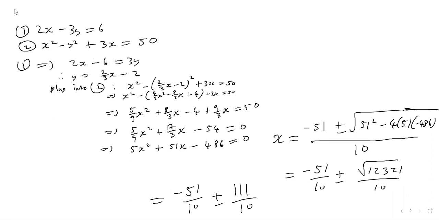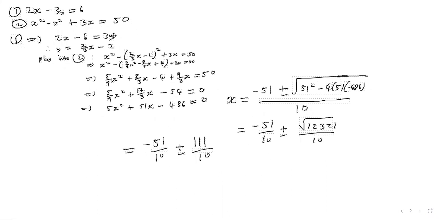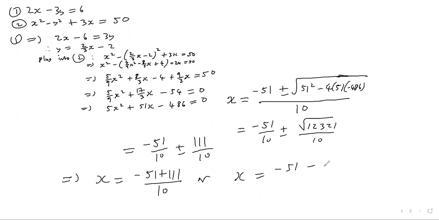Okay, now we're getting closer. We just have to simplify the final result. Now we're going to get two answers. Therefore, x equals minus 51 plus 111 over 10, or x equals minus 51 minus 111 over 10.